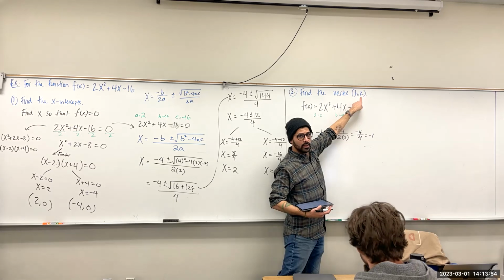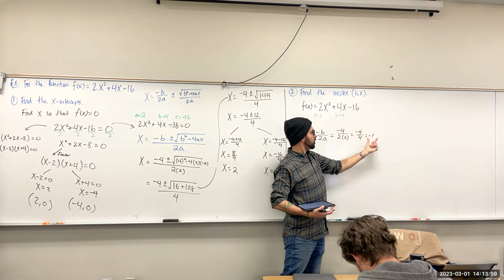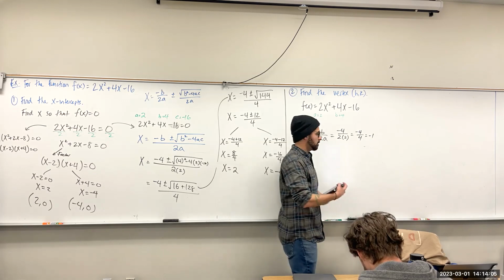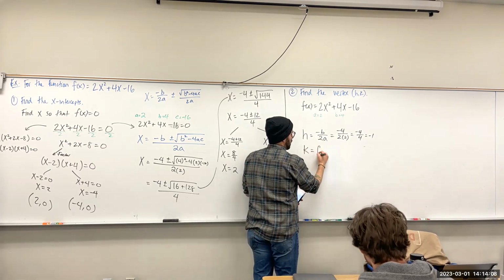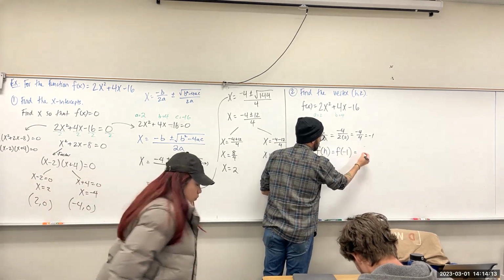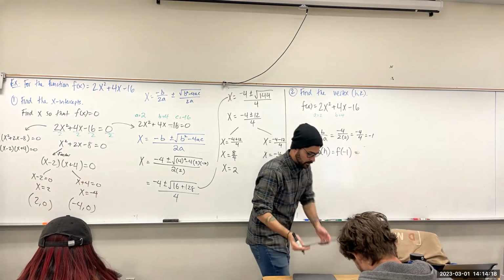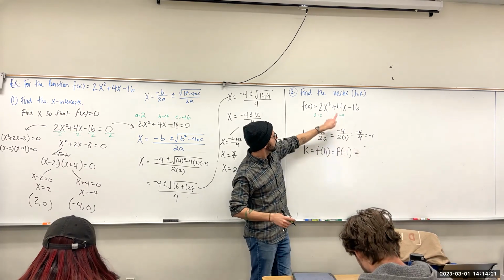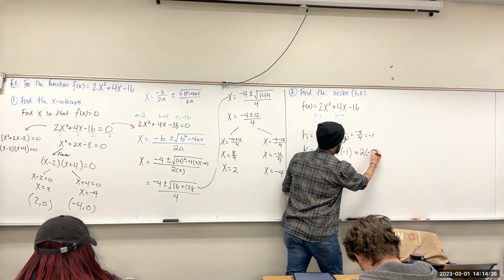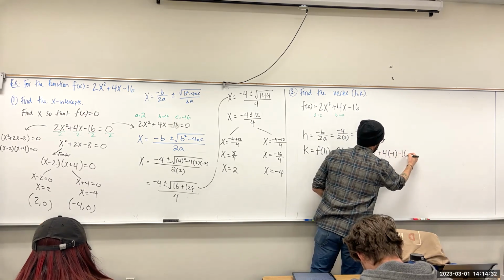How did we find our k? Now that I know the x coordinate of the vertex, I just plug it into the function to give me the y coordinate. So k is going to be f of h, which in this case means plugging in -1 into the x's. That's 2 times -1 squared plus 4 times -1 minus 16.